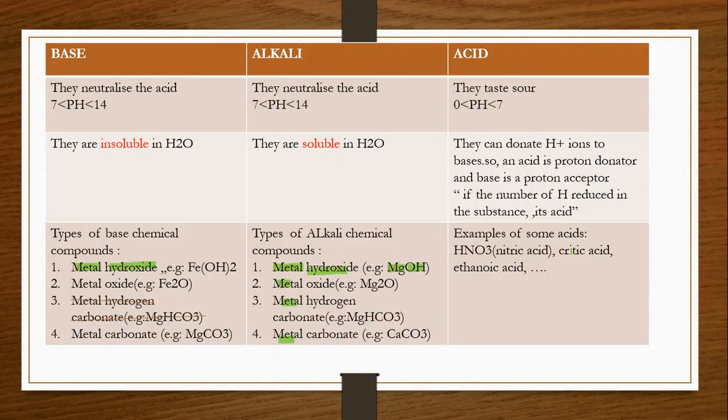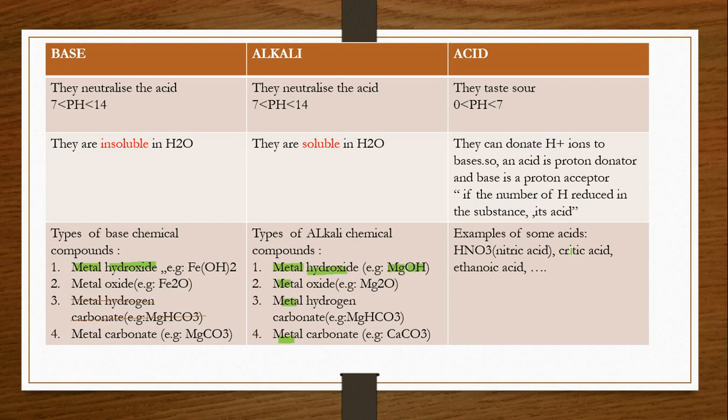And the acids, they taste sour. The pH level is always between 0 and 7. They can donate hydrogen ions to bases. So an acid is a proton donor and a base is a proton acceptor. What we mean is that hydrogen has only one proton, so because an acid can donate hydrogen, it can donate the proton.